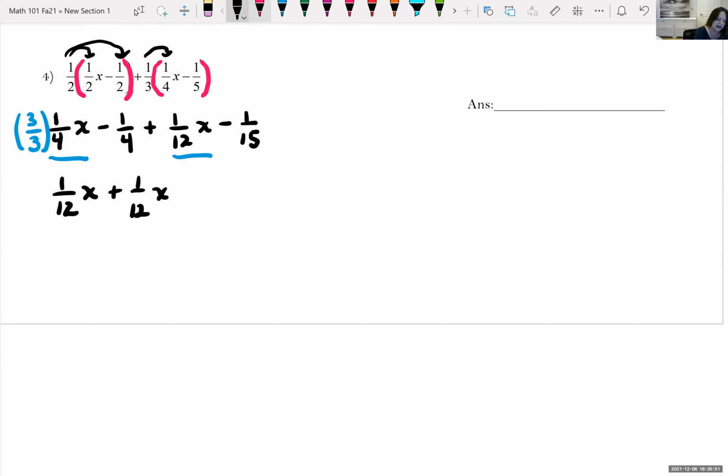And now looking at the constants. Notice the constants, we have a -1/4 minus a 1/15. So we need a common denominator there. The smallest that they both go into is 60. And so I'm going to multiply this 1/4 by 15 over 15. That's going to be my fancy one.